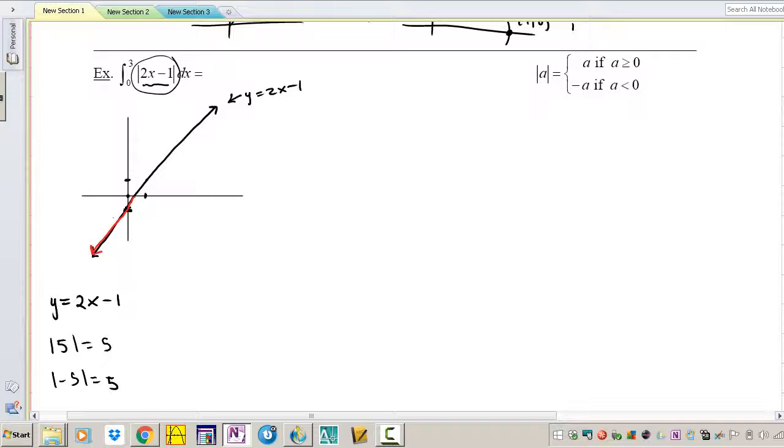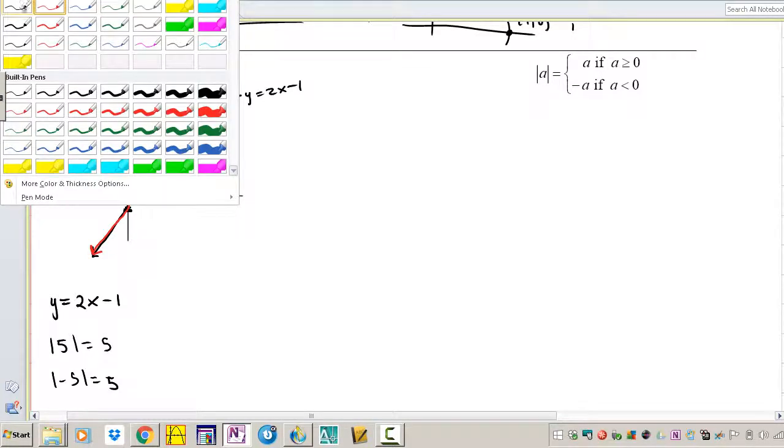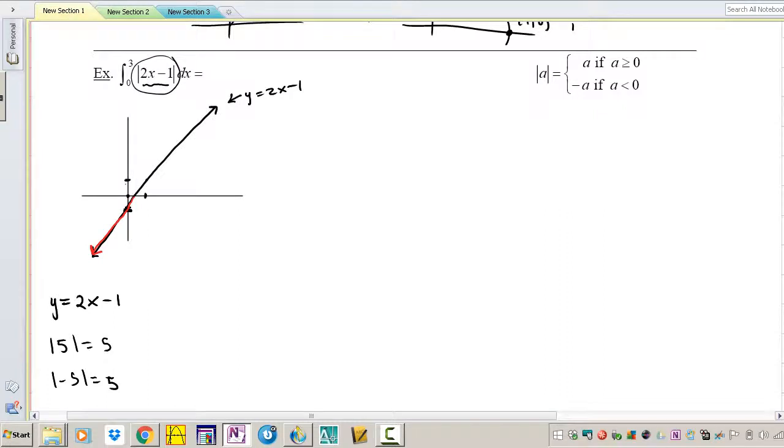Okay, so how do we take the absolute value of a function? Whatever is negative becomes positive. So we flip this negative part about the x-axis like this. It may not be an exact flip, but there it is. I should probably just draw this a little bit better. Maybe like that.